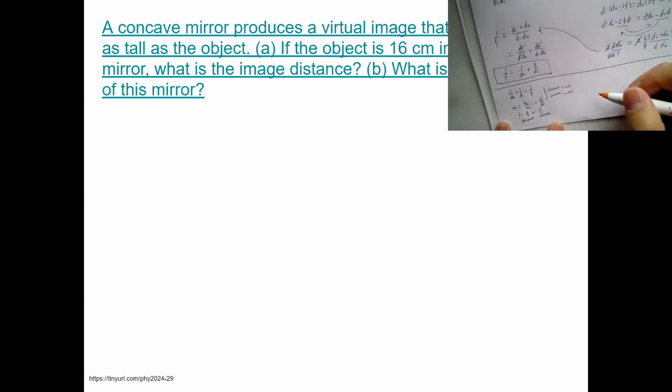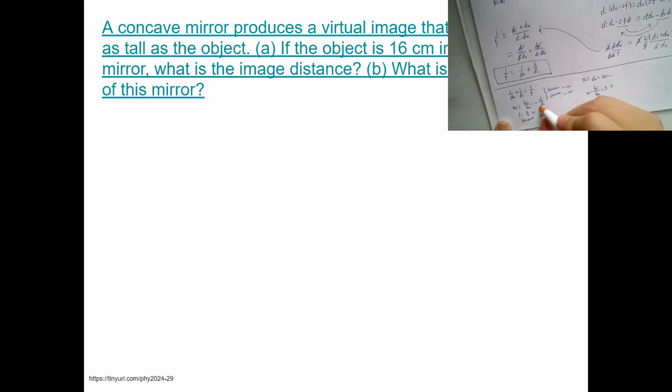All right, let's take a look at this one. It says the object is 16 centimeters in front of the mirror. So that means do is equal to 16 centimeters, in front of the mirror, which means positive. It also says the image is 3 times as tall as the object, so hi over ho is equal to 3. hi over ho is m, so the magnification is 3.